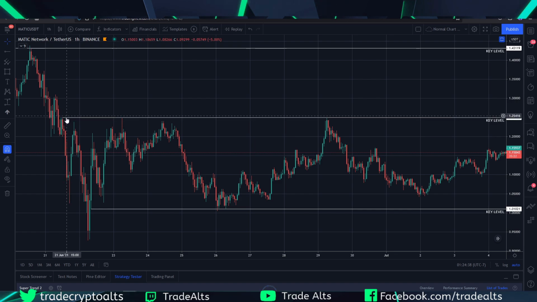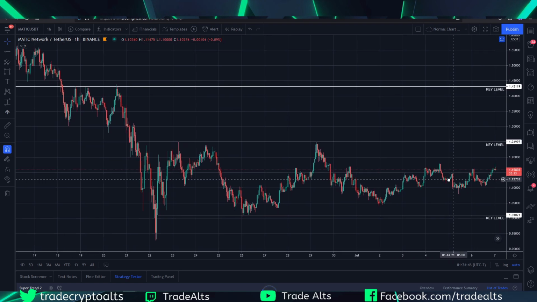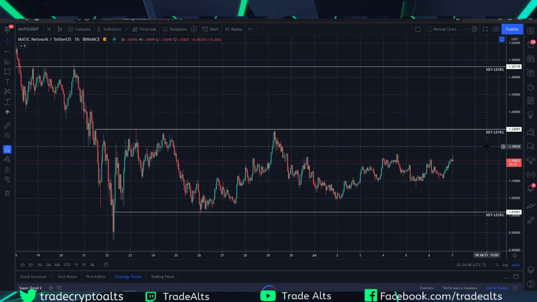You have your wicks here, another perfect backtest, price moves down, another flawless backtest, price moves down. Am I interested in $1.25? Absolutely, right? So now I have two levels that I know have really good interplay with them. So naturally, I'm going to be paying very close attention when price approaches these levels.